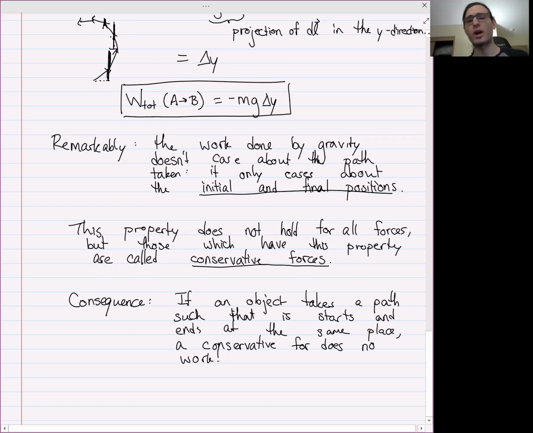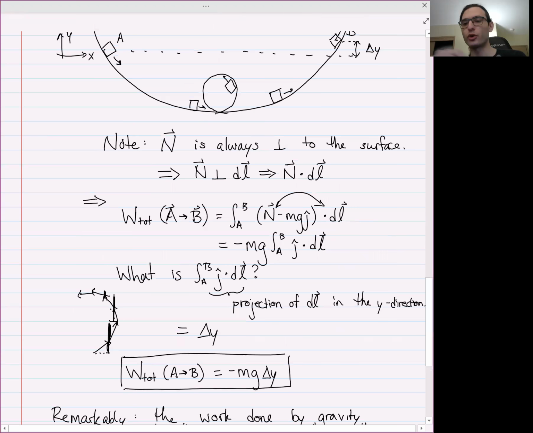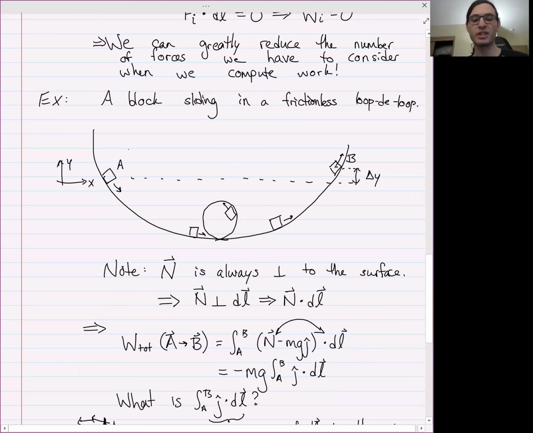So think about gravity. Even if there were a whole bunch of crazy loop-de-loops, if the object started at height A and ended at height A, because the difference in the heights would be 0, it doesn't matter what happened in the interim. The net force will be 0, or the total work will be 0.